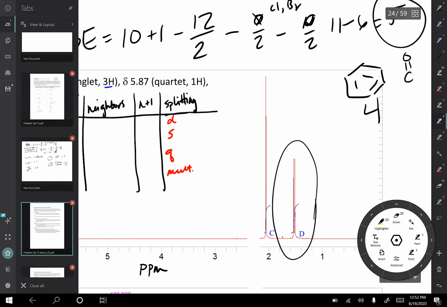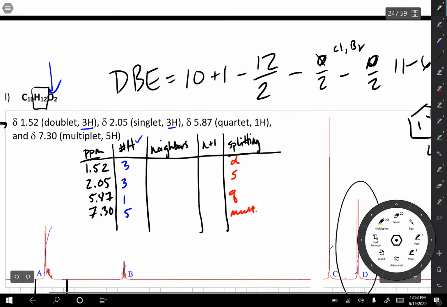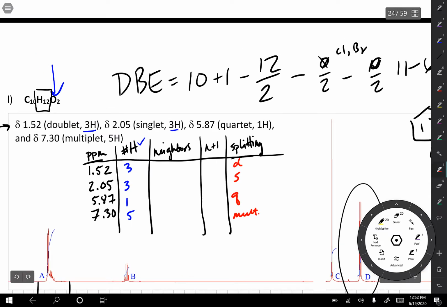Okay, so here's our example. Right now, let's look at the red, what I have drawn in red. We have the splitting that I just talked about. We've got a doublet, a singlet, a quartet, a multiplet. What does that mean for the number of neighbors? Well, we can figure that out, right? We know that for a doublet, the N+1 must be 2, right? For a singlet, it would be 1.